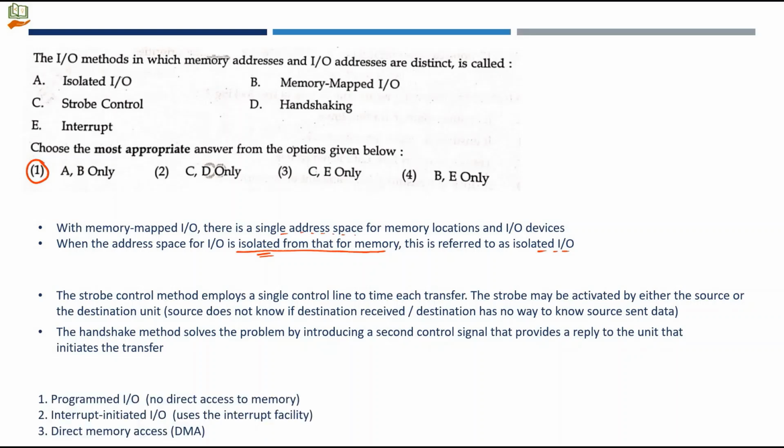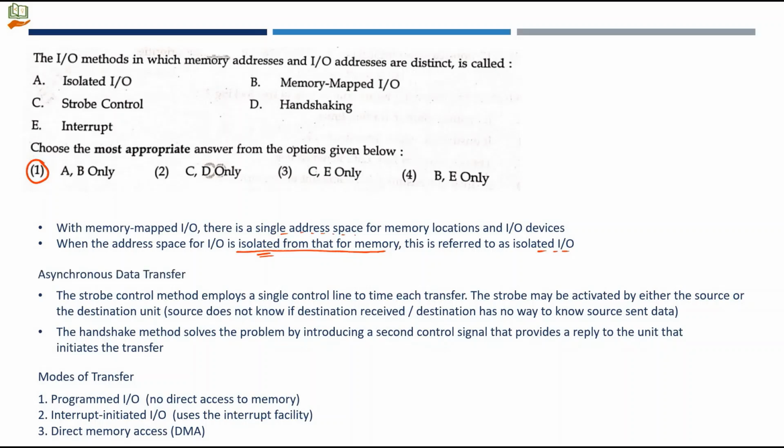Regarding interrupt, we have 3 ways. Programmed input output, where there is no direct access to memory. Interrupt initiated IO, which uses the interrupt facility, and we have direct memory access DMA. Now let's see under which category these statements come. The last 3 types, programmed IO, interrupt initiated IO and DMA, belong to modes of transfer.